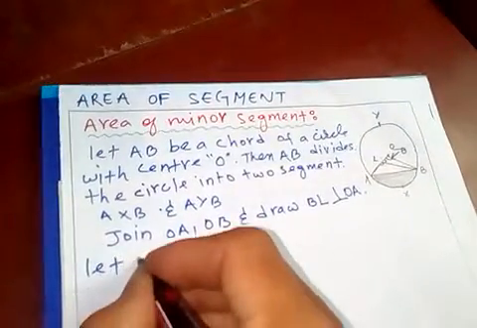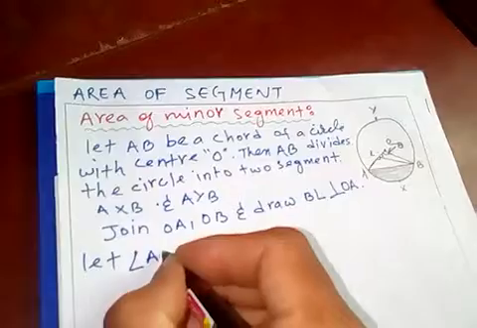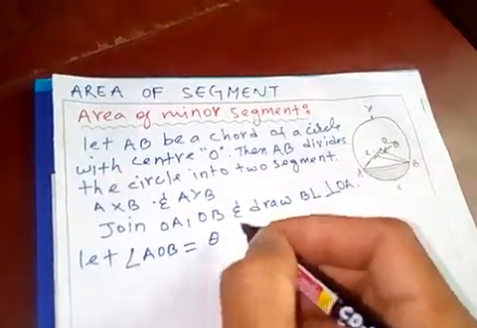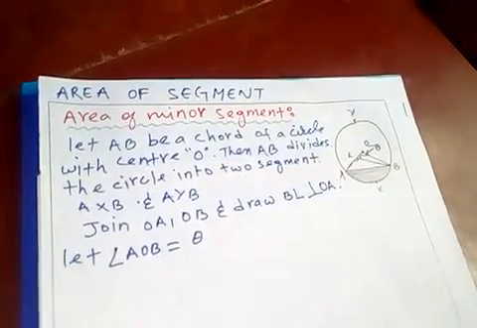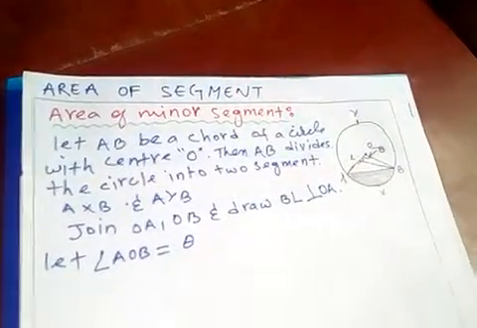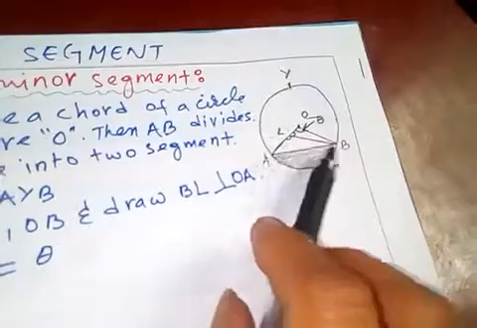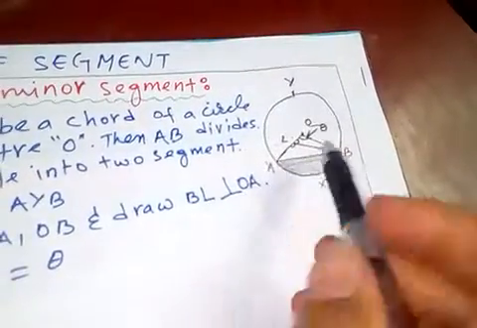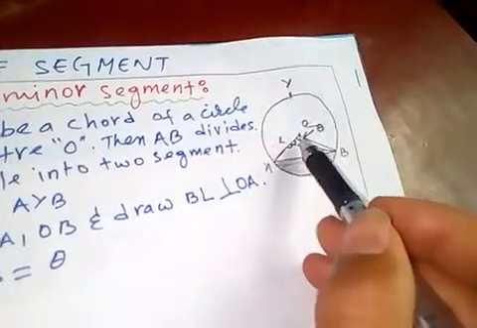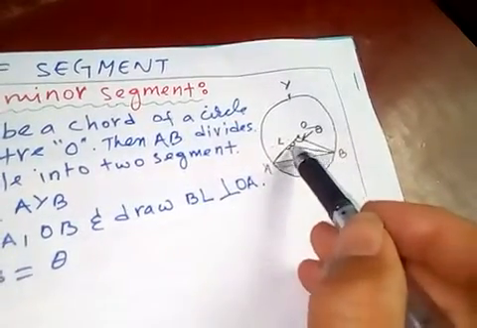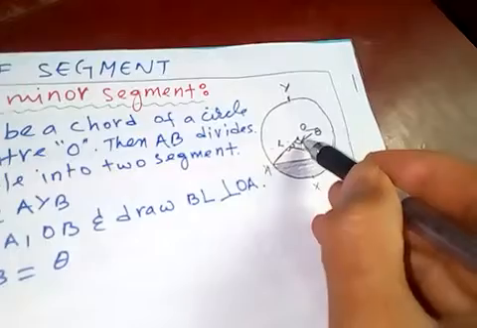And let angle AOB be equal to theta, which is the sector angle. Now if you see here, since BL is perpendicular to OA, triangle OLB is a right angle triangle, isn't it? So it is a right angle triangle, and this is the sector angle.